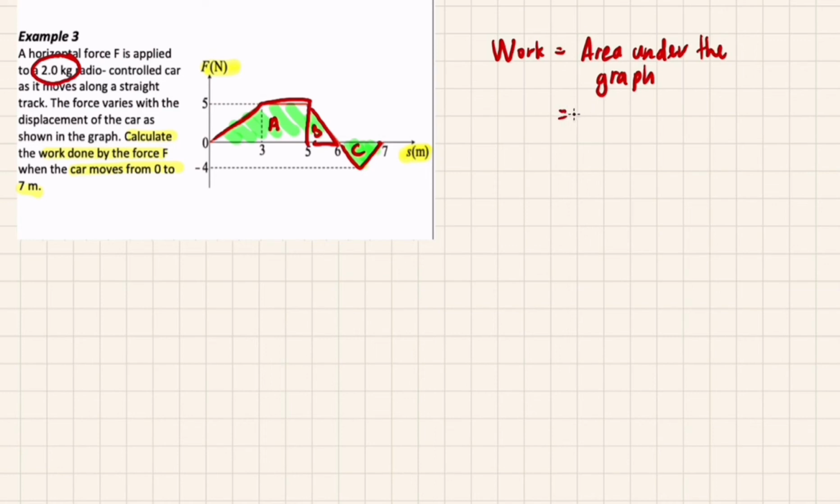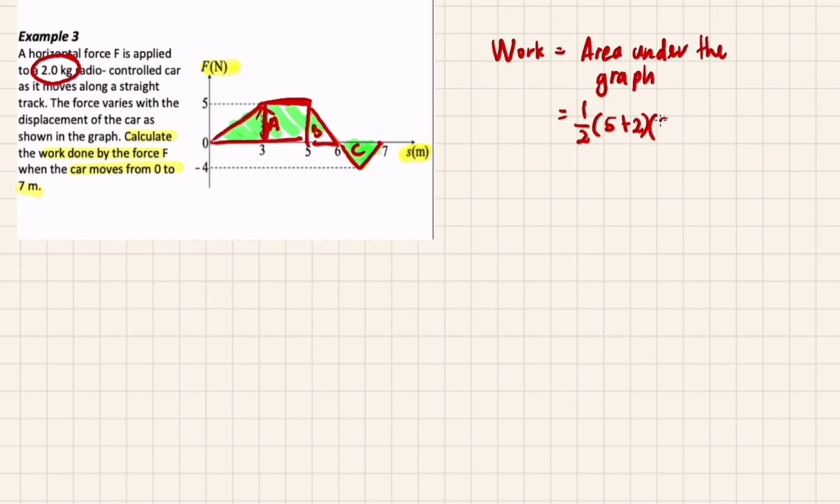So we find A first. A is a trapezium, so 1/2 times the sum of the lengths: the first one is 5, plus 2 on top, multiplied by the height of the trapezium, which is 5.